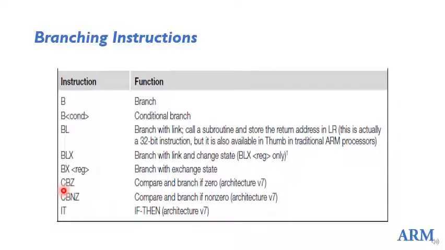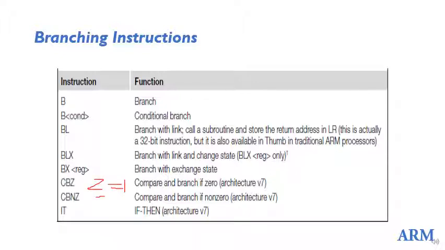The first is CBZ. This will compare and branch if it is 0. That means it will compare a number with zero; if they are equal, the Z flag will be set. If the Z flag is set, it will branch to the given label.